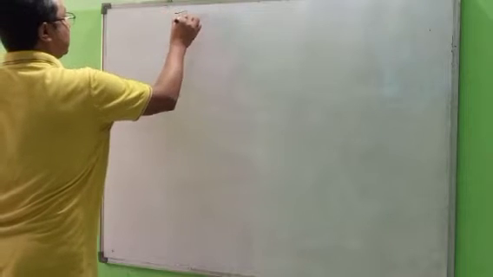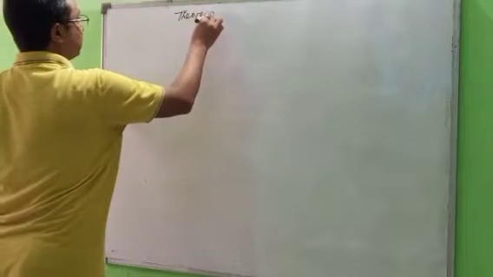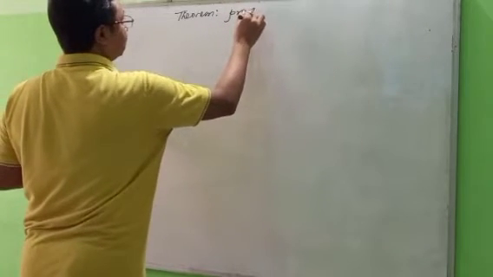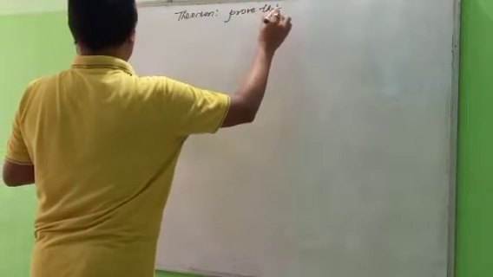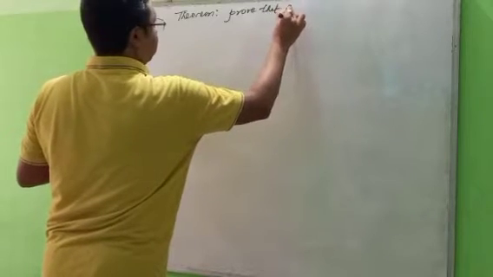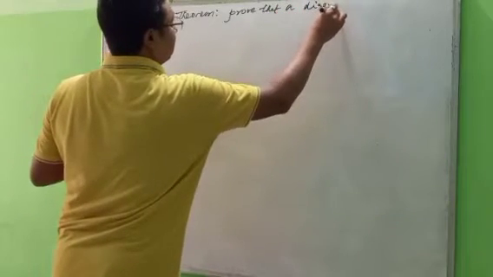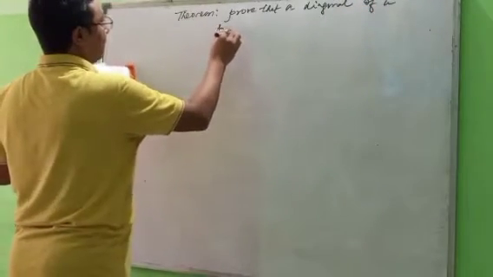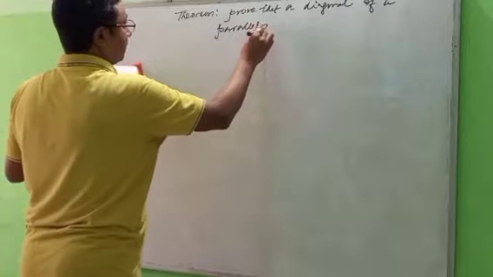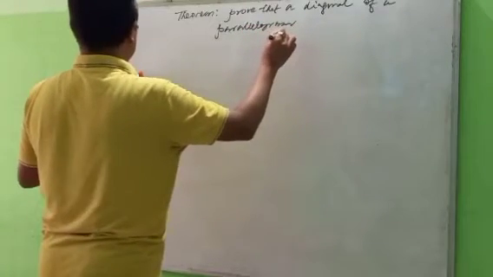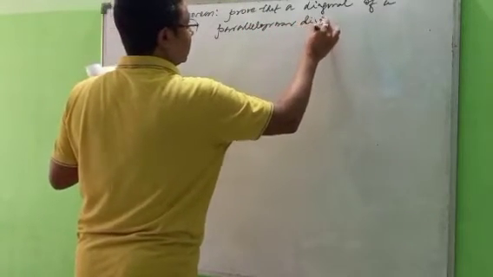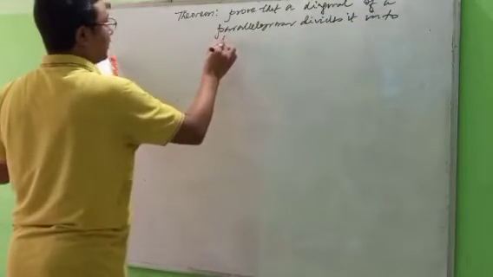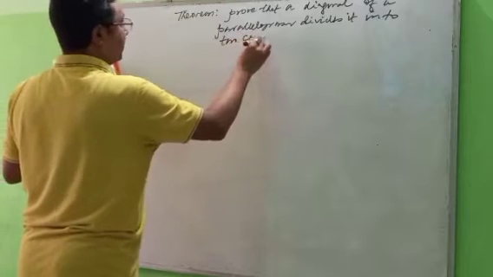Let us take the first one. So first theorem: prove that a diagonal of a parallelogram divides it into two congruent triangles.